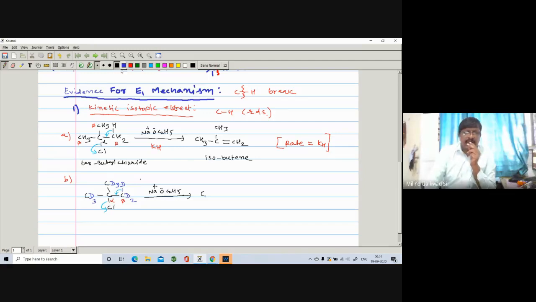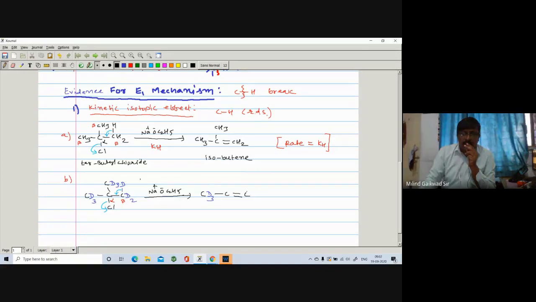Here D3, D3, here is the D3. Further, you have the alpha carbon, and there is a formation of a carbon-carbon double bond. So you have the corresponding compound like this one: here is a D3 and here is a D2.